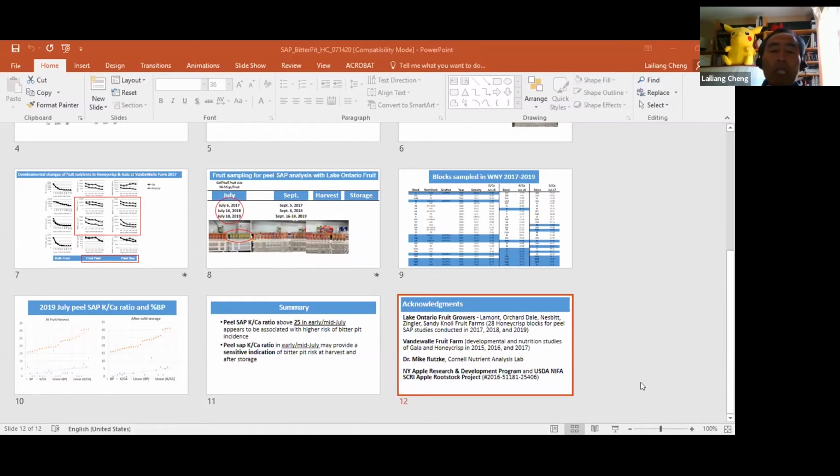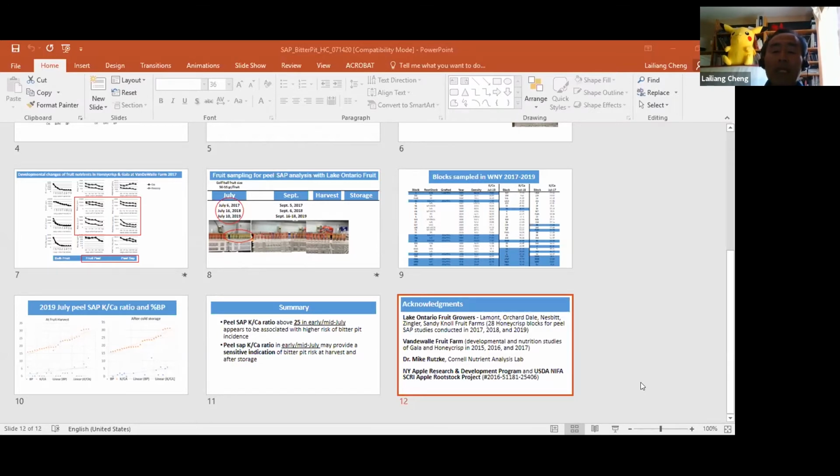I think potassium to calcium ratio is an important part of the story, but not the whole story. It's obvious that nitrogen to calcium ratio and other nutrient ratios, and also beyond nutrient ratios, other factors may play into this. So this is just another tool we could use to manage the risk of bitter pit incidence, not the entire thing.